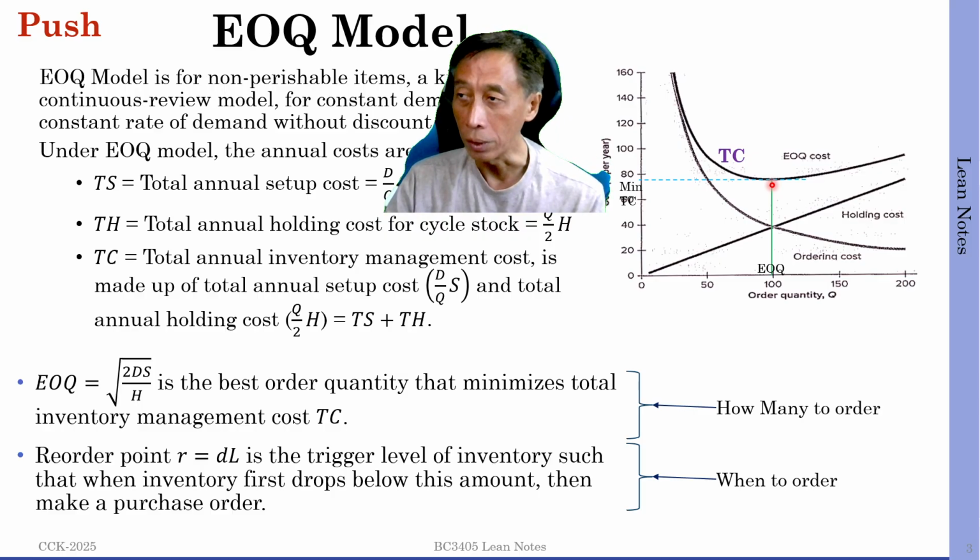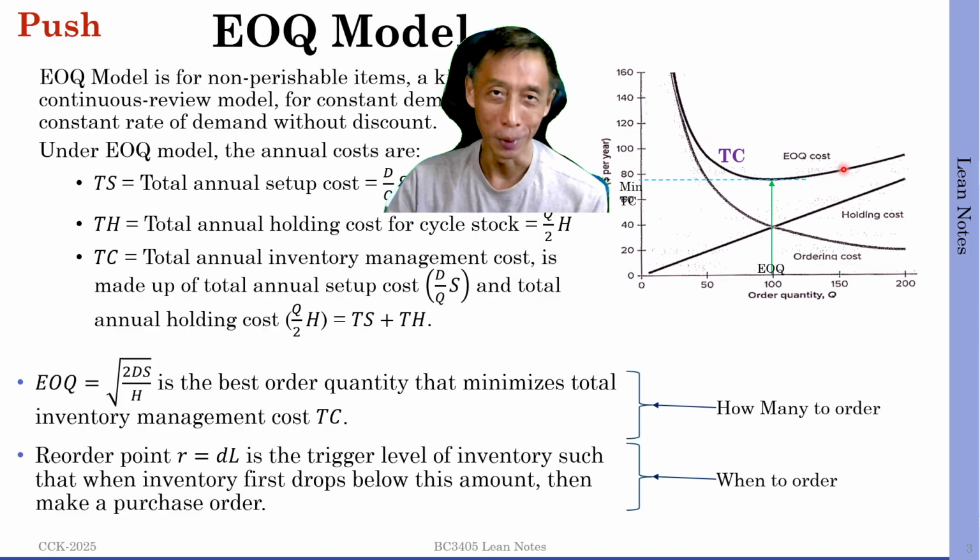The other thing about the U shape is the theory, EOQ theory, tells us the U shape is a pretty flat U shape at the bottom. So at the bottom here, it's pretty flat. What does that mean?